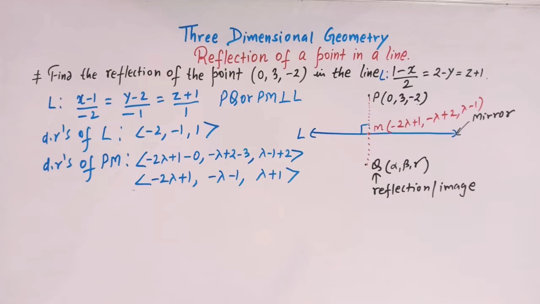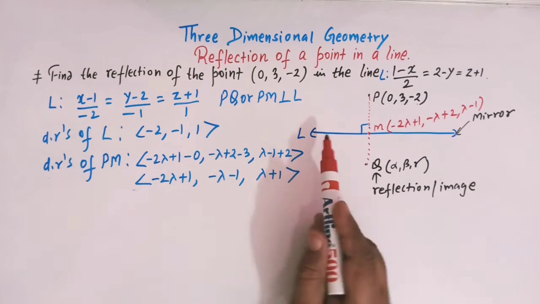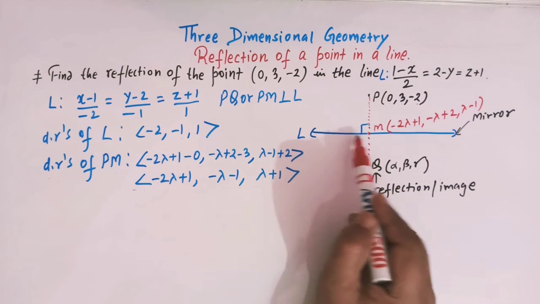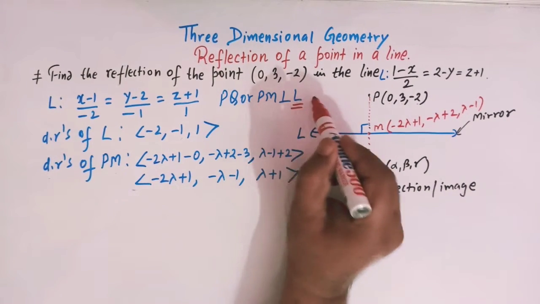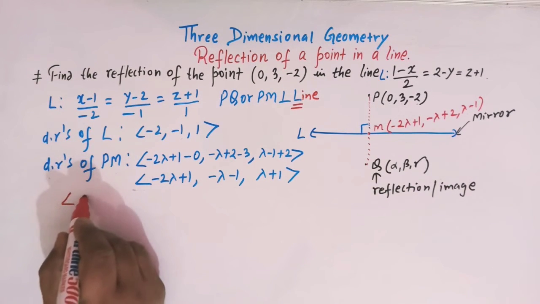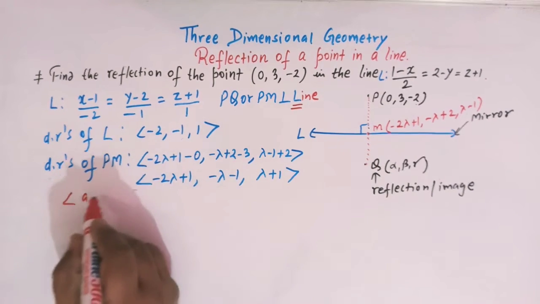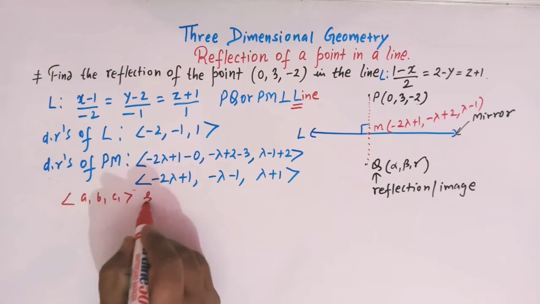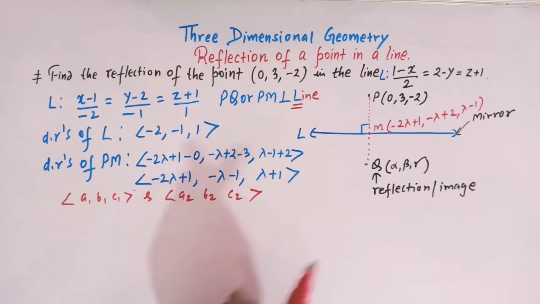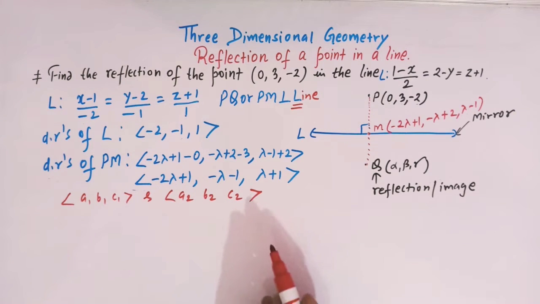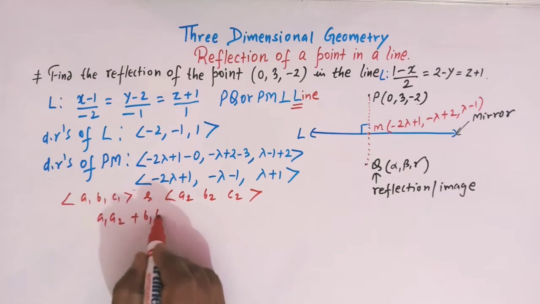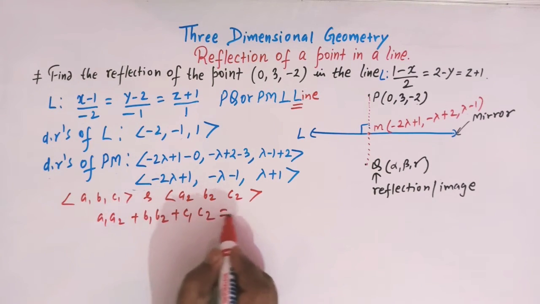Once we have obtained the DRs of the line L and PM, we see that PM is perpendicular to L. We know that if the DRs of two vectors are A1, B1, C1 and A2, B2, C2, and the two lines are perpendicular, then the condition is A1 A2 plus B1 B2 plus C1 C2 is equal to 0.